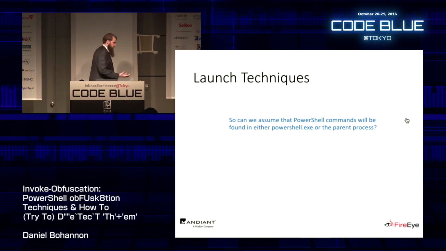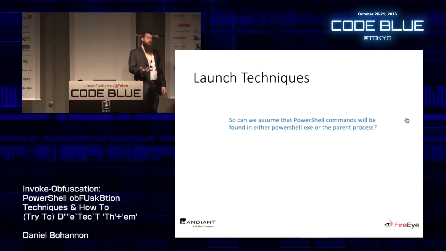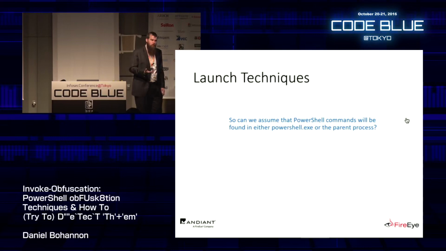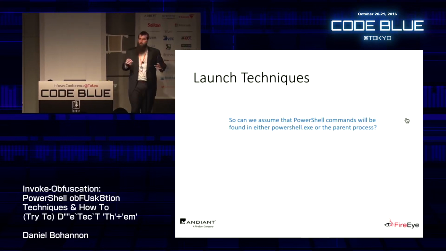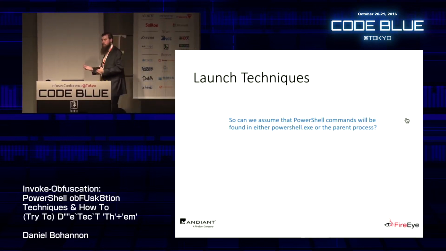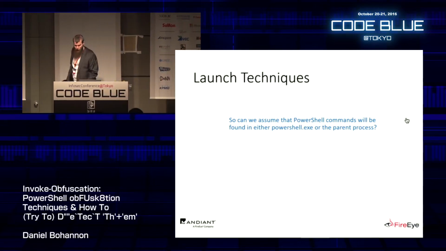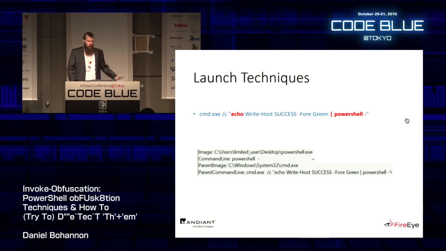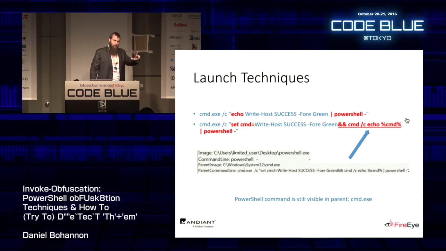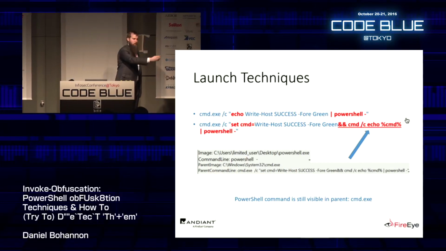So now that we know this, as defenders, we can say, okay, let's look for PowerShell malicious strings, malicious commands in PowerShell.exe, and maybe its parent. That's not entirely true. So let's look at this example. This is pushing the argument to the parent process. What if we added a third process? What if we had cmd, cmd, PowerShell?